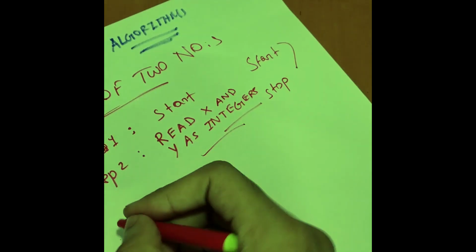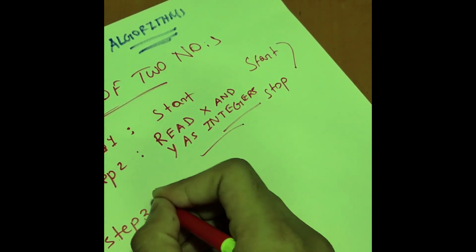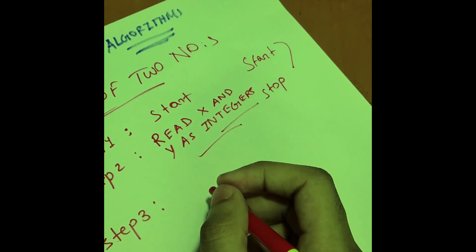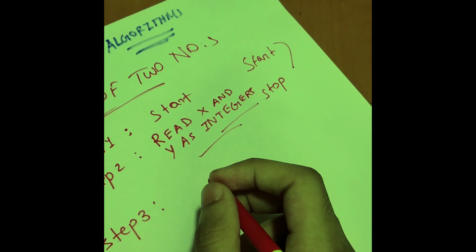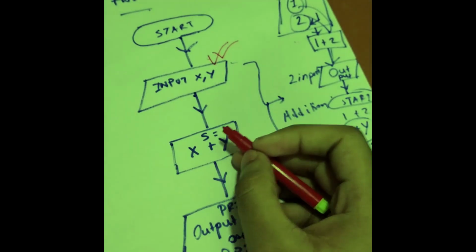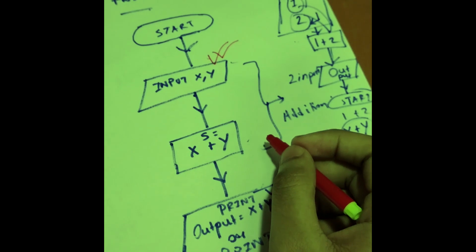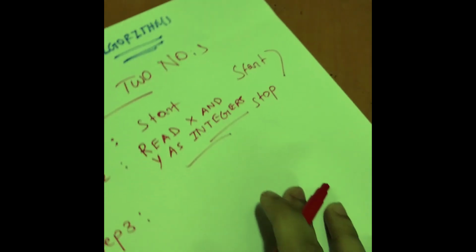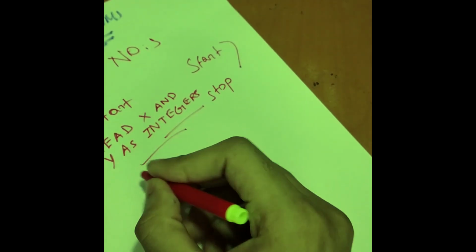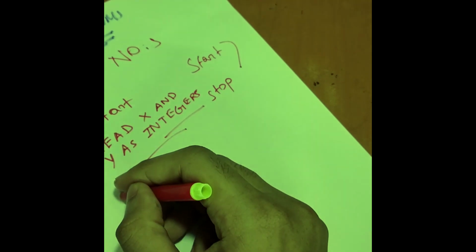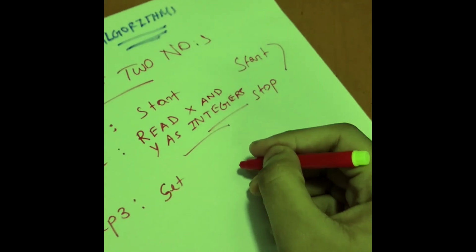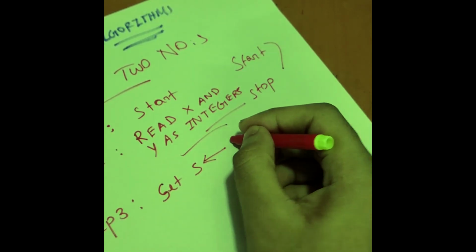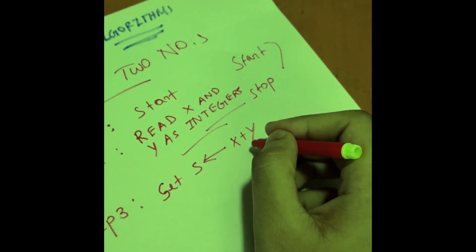Okay, what's the next step? Step 3, I have to take another variable. Previously I took a variable like s is equal to x plus y. So I have to take another variable like s. It's the easiest method. Step 3, set s to x plus y.